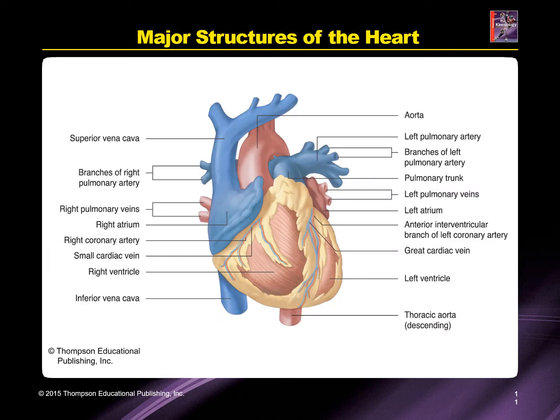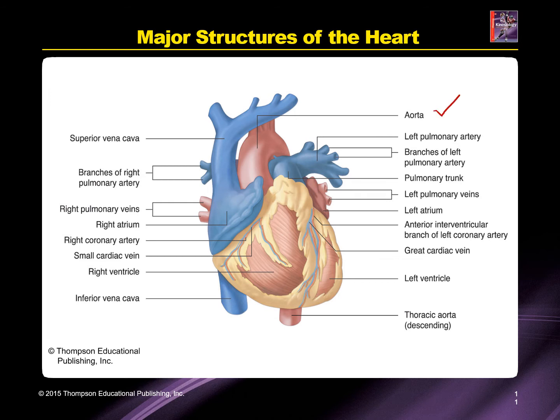If we take a look at the main structures of the heart, this is a diagram that you're going to need to memorize. You're going to need to be able to label all of these structures of the heart. The major blood vessel, the biggest artery in the body, is the aorta.